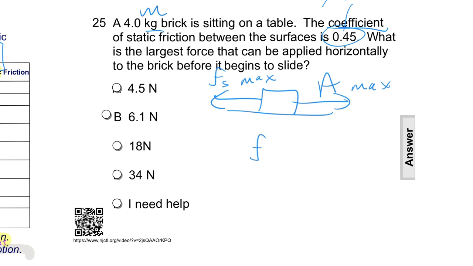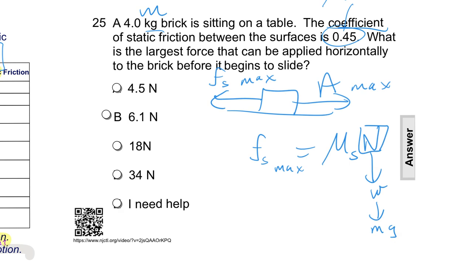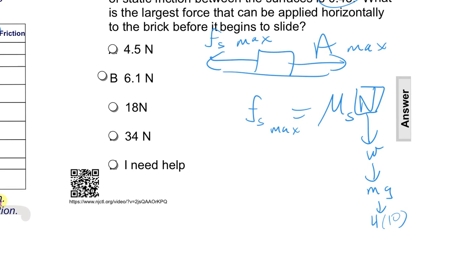So basically, F s max is equal to the coefficient of static friction times the normal force. But the normal force on a flat surface is equal to weight, which is mg, which is 4 times 10, which is 40. The coefficient of static friction is 0.45.